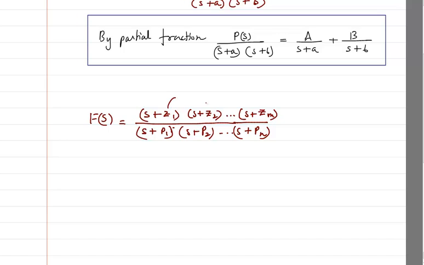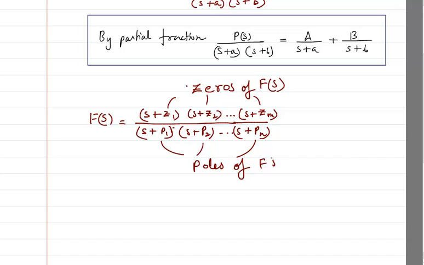These z's are called the zeros of F(s). And similarly, these p's are called the poles of F(s).